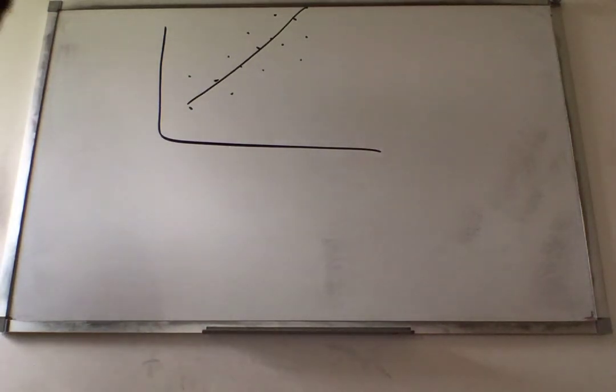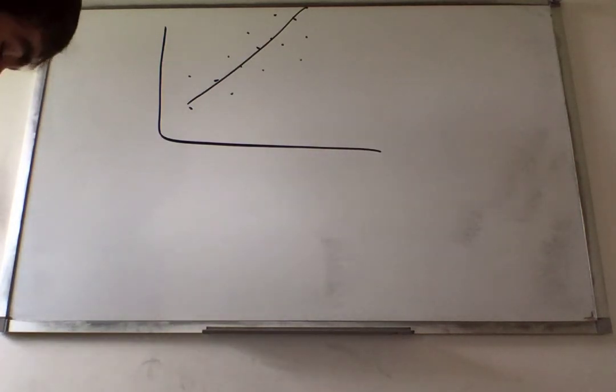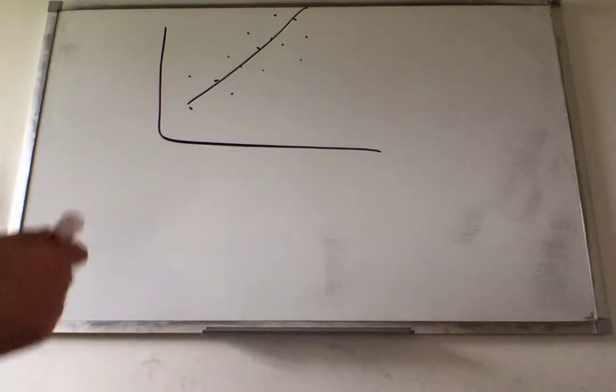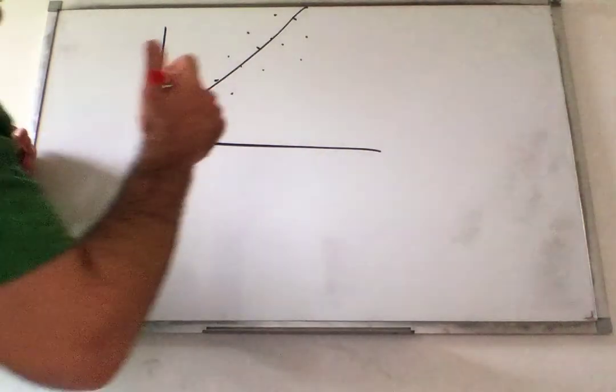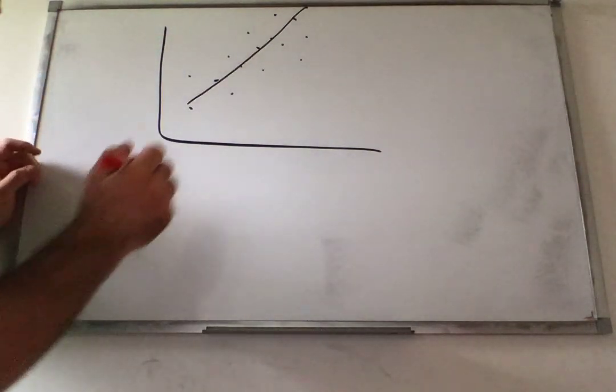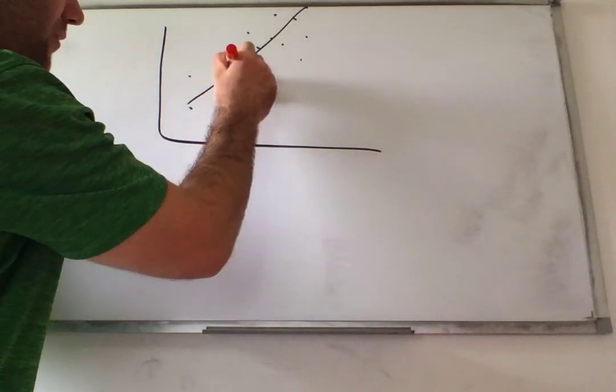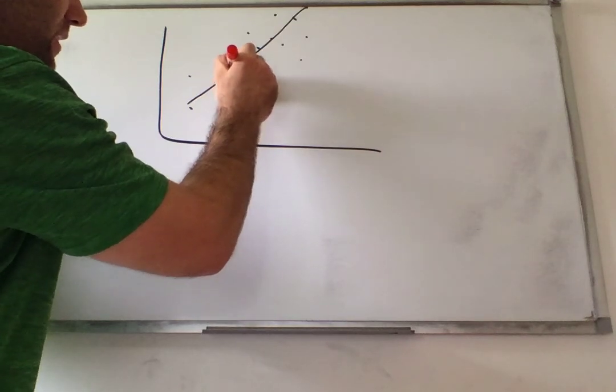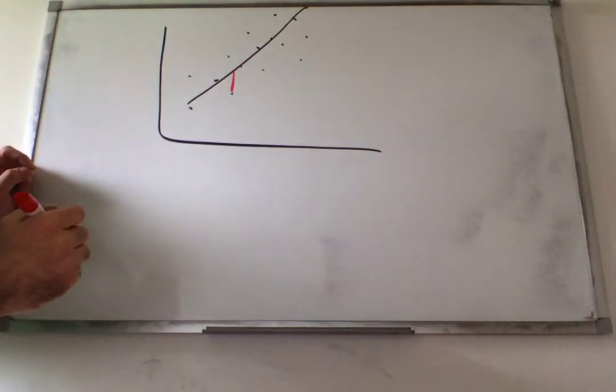Now, let me get a different color. Let me get red. What we do is we do this for every single data point. I'm only going to draw it for one. This data point right here, this distance right there.